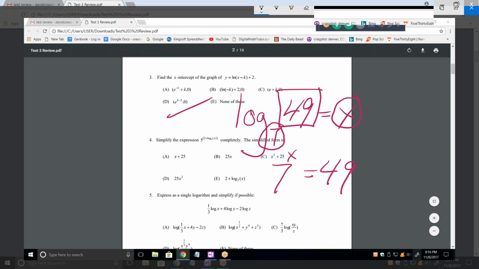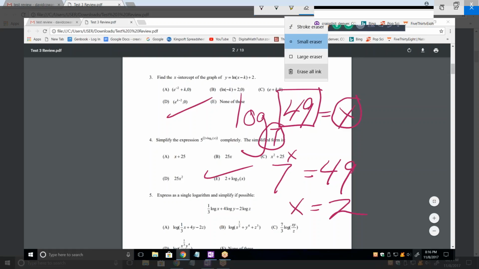Now you can solve it. What does x have to be? 2. In other words, sometimes you don't need a calculator to solve these. If you can get them in exponential format, the solution becomes almost self-evident.